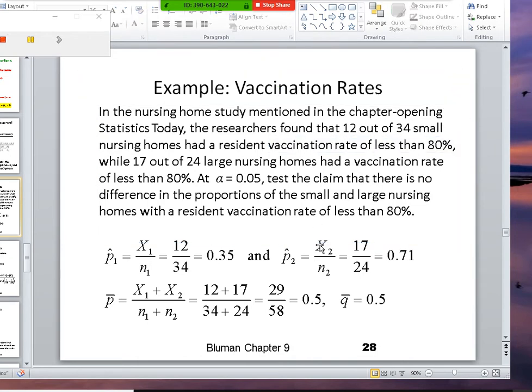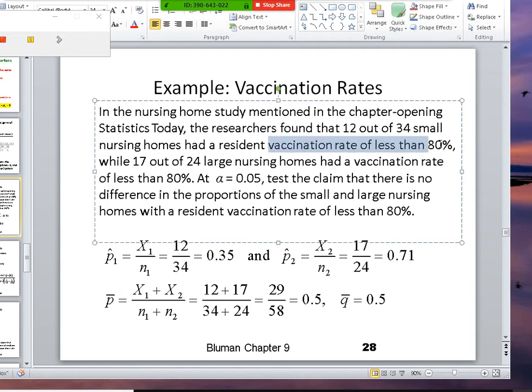All right, anyway, so how we know it is that, first of all, there's no mention of the word mean or average in here anywhere. And you can look at this and say, vaccination rate is less than 80%, that's going to be a yes-no question. So this is our qualifier, this is our question. If our question is a yes-no question, then we know it's a proportion.